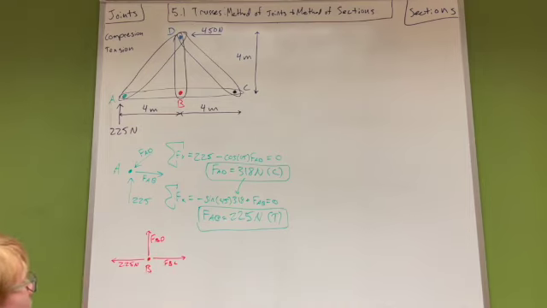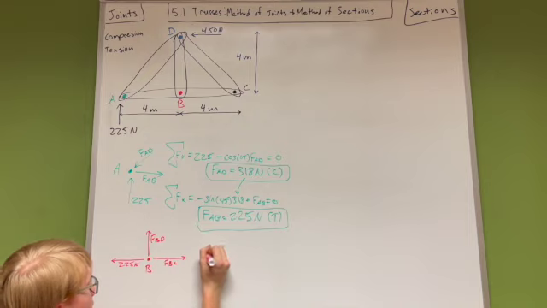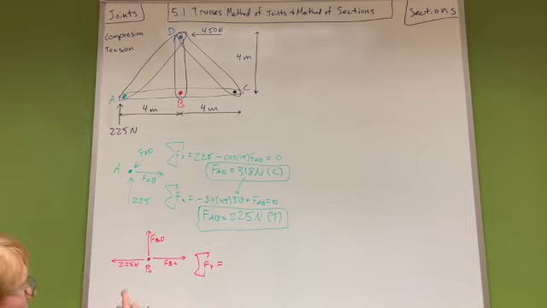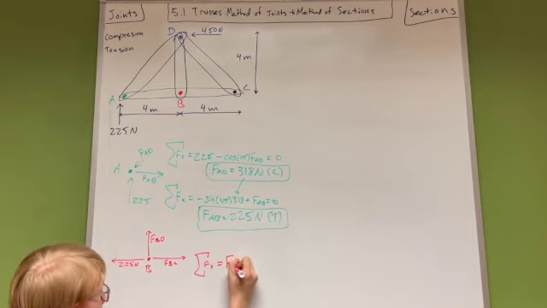Okay, and so we're going to start with the y's, which is pretty easy. So we know B is at equilibrium, it's not moving. So these two forces over here are perfectly horizontal. There's no y component. The only y component in this free body diagram is FBD. It's in the positive direction.